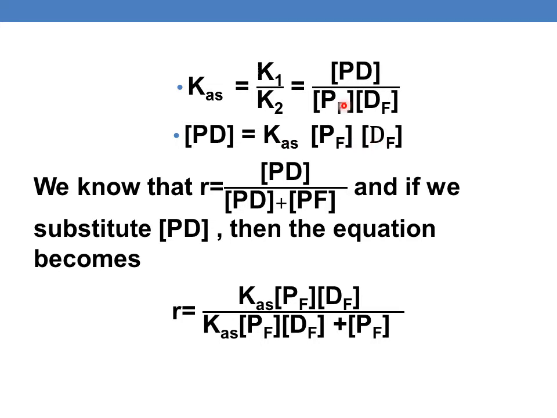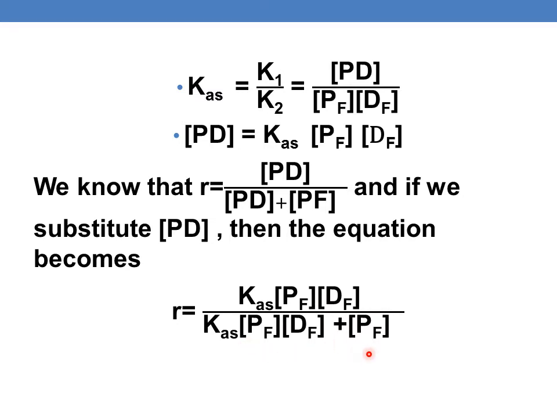We know that R is equal to PD by PD plus PF, and if we replace the term PD with Ks into PF and DF, the final equation in terms of R becomes R is equal to Ks PF DF by Ks PF DF plus PF.